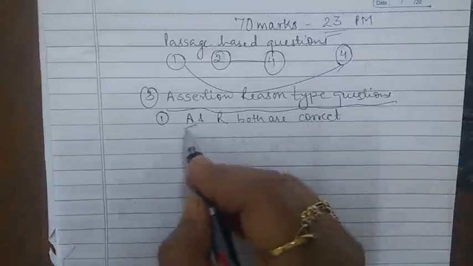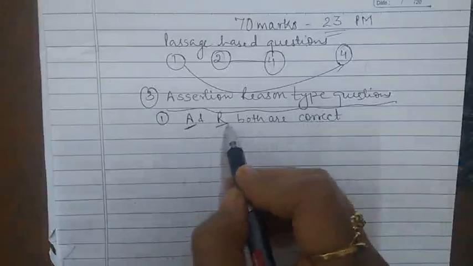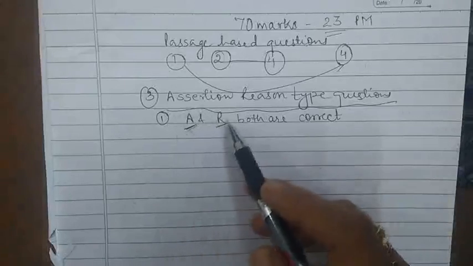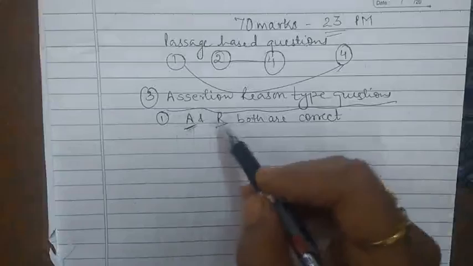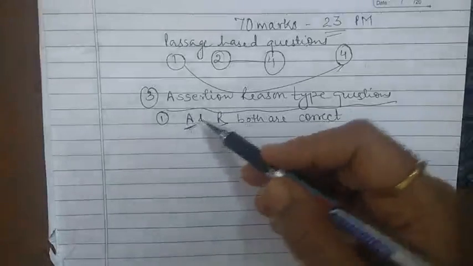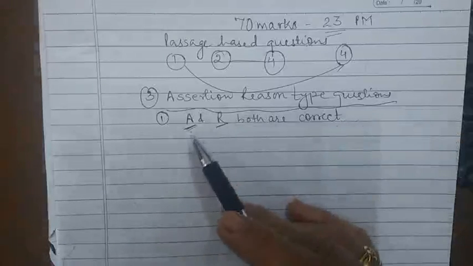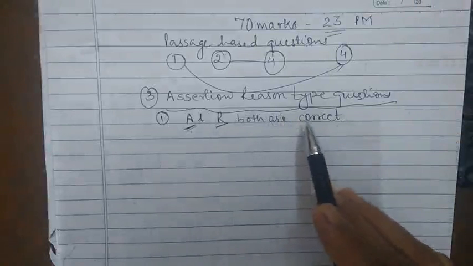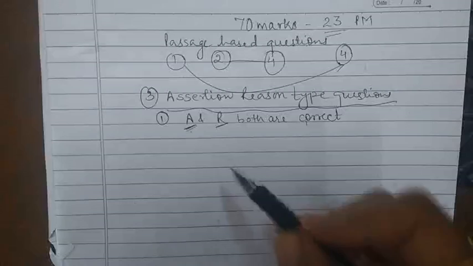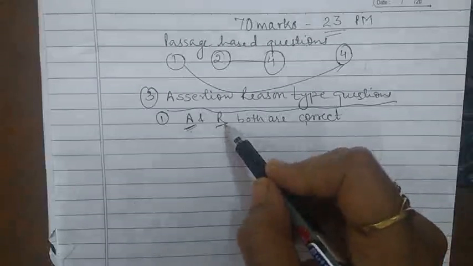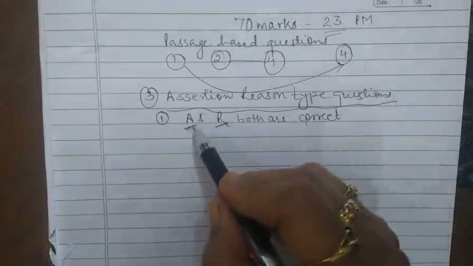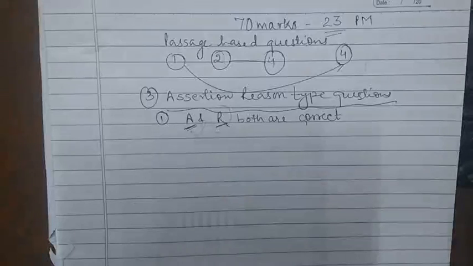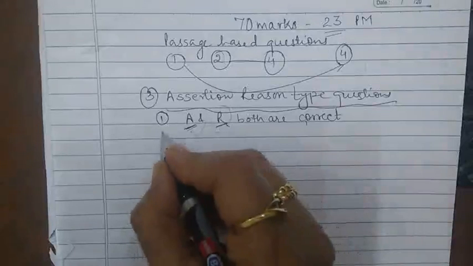Assertion means a statement and reason means the reason for that statement. The first one is: assertion and reason both are correct, and the reason is the correct explanation of the assertion. This is the first point.